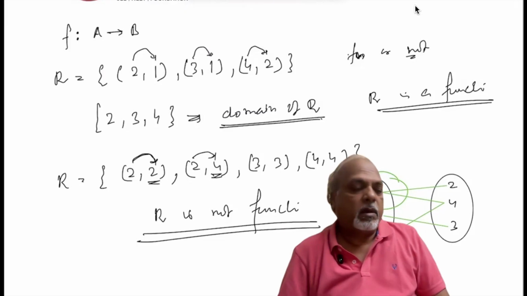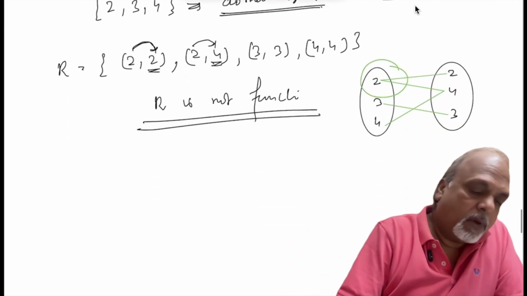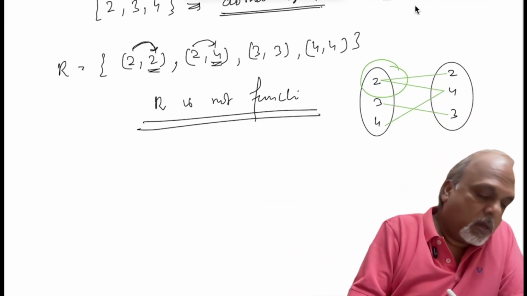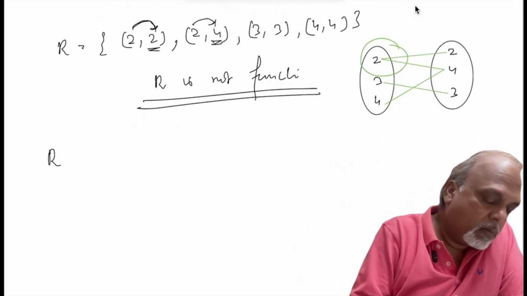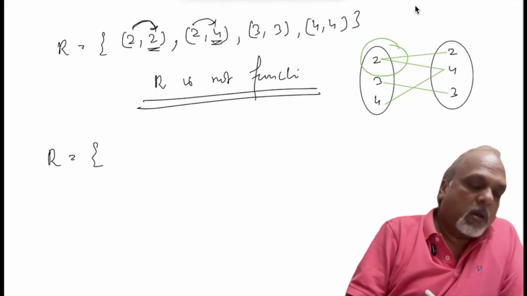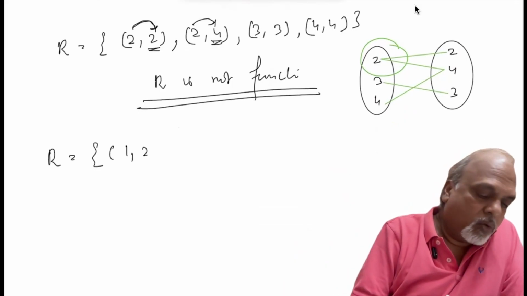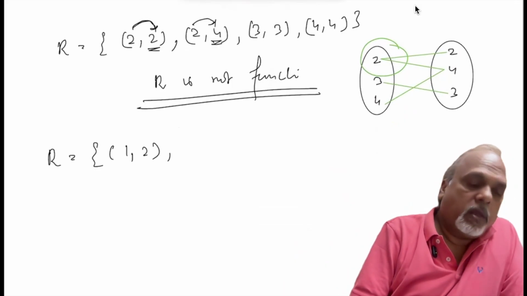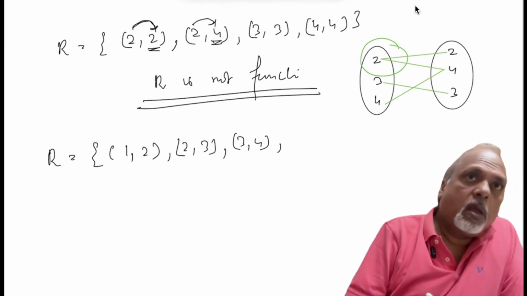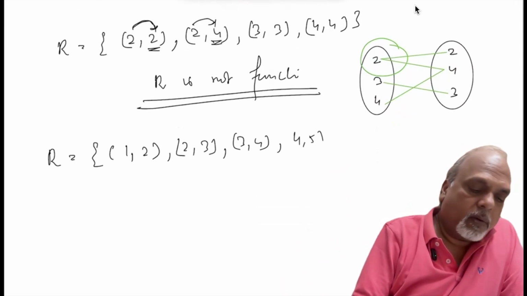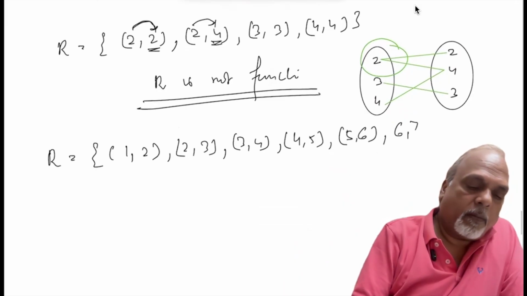Correct? Let us take another example. Suppose you have R is (1, 2), then (2, 3), then (3, 4), then (4, 5), then (5, 6), and then (6, 7).